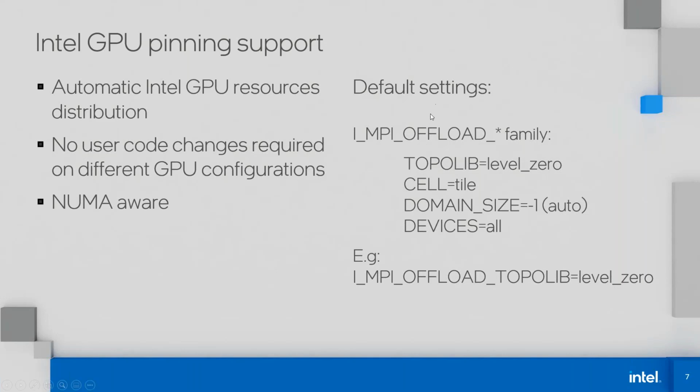These variables start with the I_MPI_OFFLOAD prefix, and you can find default settings on this slide. In the next slides, I will show examples for all these variables, just to understand how the pinning works and how you can change its behavior.